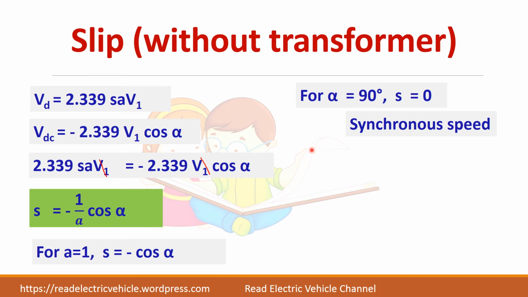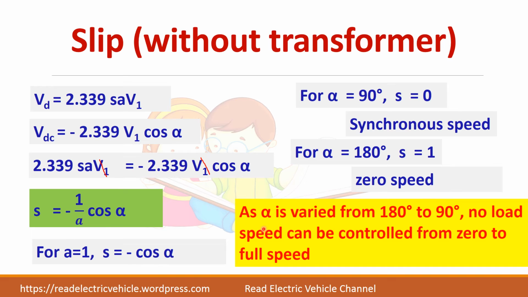So you are getting 0, which means the machine is running at synchronous speed. For alpha equal to 180 degrees, slip will be equal to 1. It means that it is 0 speed. So as we vary alpha from 180 to 90 degrees, the no load speed is controlled from 0 to synchronous speed.